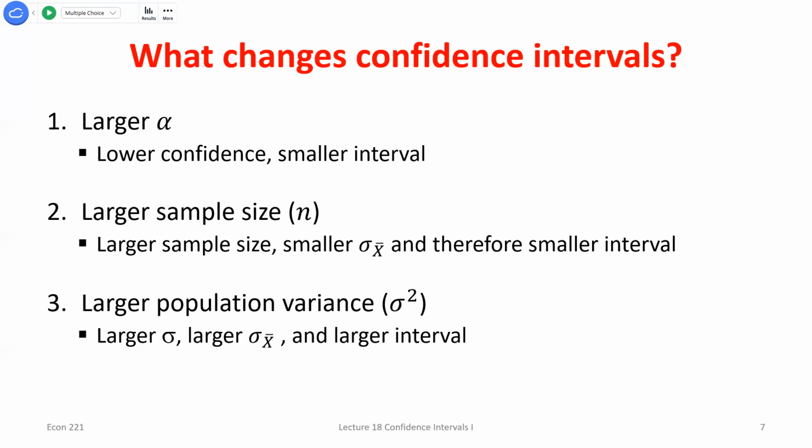So a higher variance in the original data makes my margin of error larger. If I'm adding and subtracting a larger value, I'm going to get a wider interval too. Now, you can't change the population variance, right? It is what it is. You can't change what the sample mean you find is, right? The data is what it is.